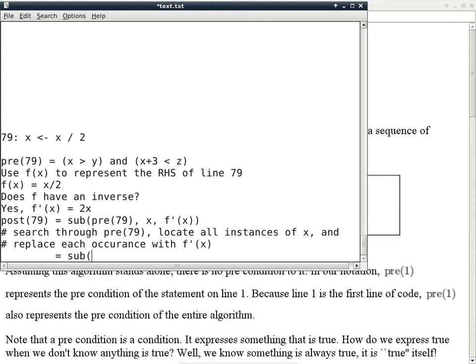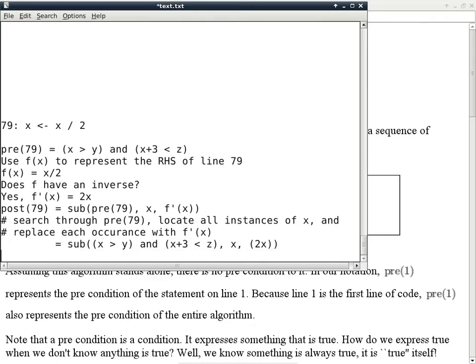Do we know what is pre-79? Yeah, we do. This is our pre-79, so we'll just copy that. Do we know what is f prime of x? Yeah, it's just 2x. Now, I would put parentheses around it, just so that it doesn't change the meaning after the substitution.